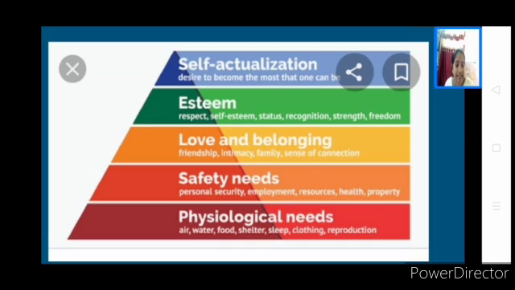Once my basic needs are fulfilled, that is I have good food, shelter, clothing, then I will strive for some security. I need a job for financial security and health. Then I will take some insurance for health. I also want to make some property for myself. All these come under safety needs.